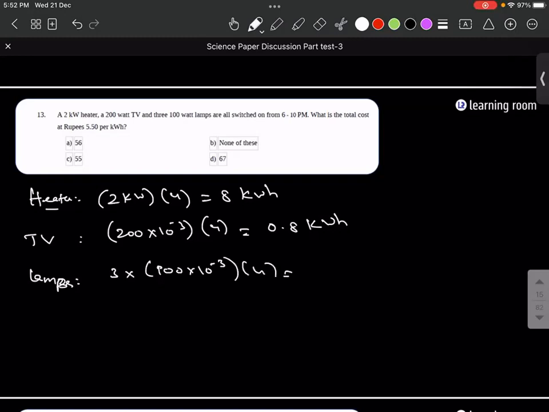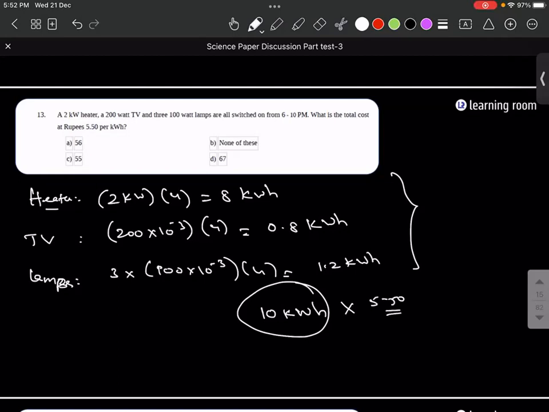That is going to give me 1.2 kilowatt hour. So the sum of everything is going to be 10 kilowatt hour. So 10 kilowatt hour into 5.50 is going to give me 55 rupees. So the answer is 13C.